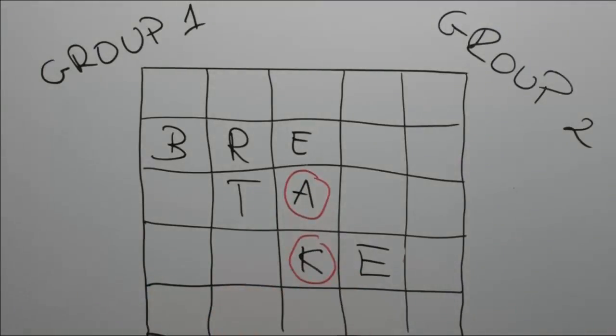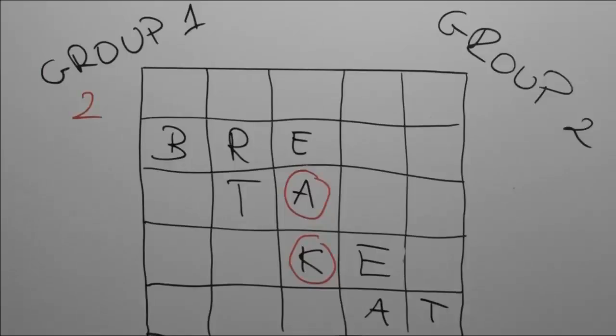And why 2 points? Because we count the letters that are already on the board, not the letters that we write. That's why 2 points. Okay, and now it's the second group. So one student from the second group comes to the board and writes another verb, for example, eat.